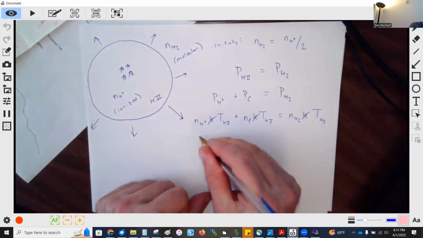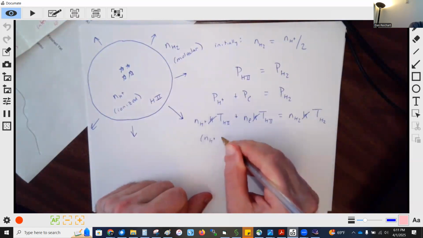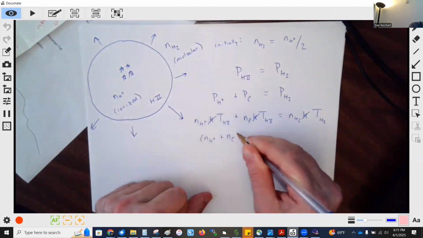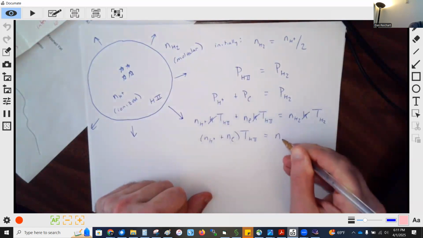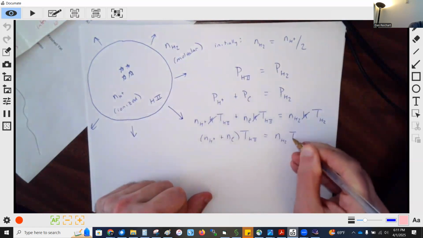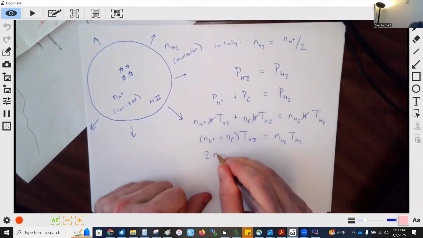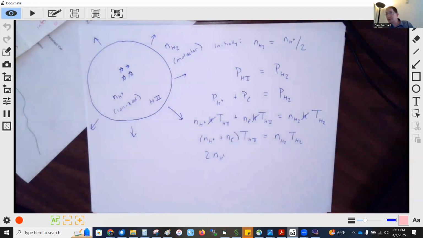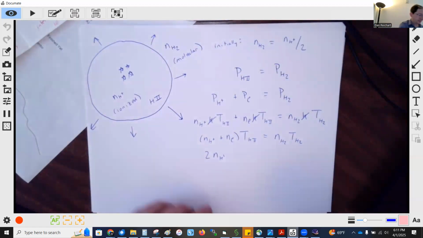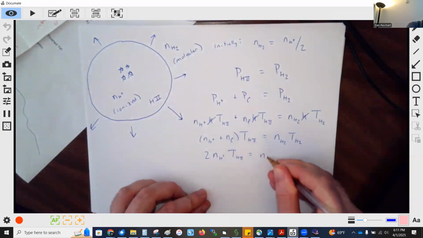So we can write it like this: n_H+ plus n_e times the temperature on the inside equals the density of the molecular gas times the temperature on the outside. And these two we can replace with 2n_H+, because the densities are the same. We'll just replace it with 2 times the proton density times this equals this.